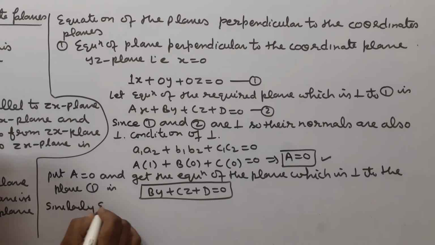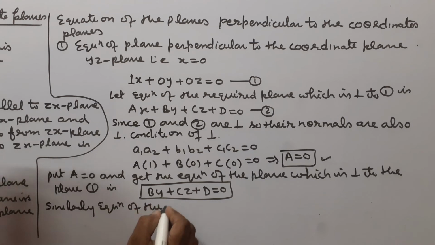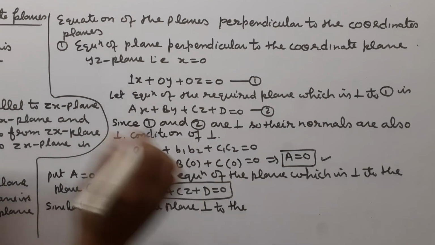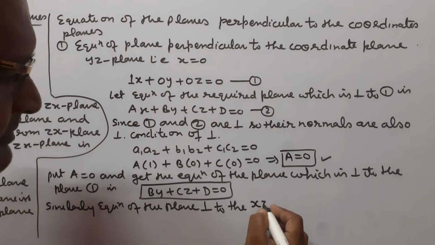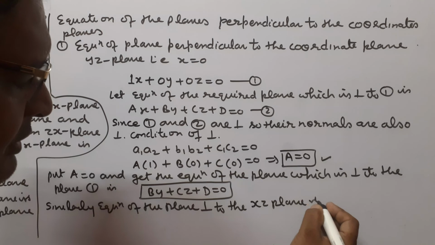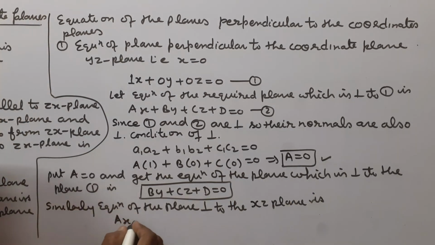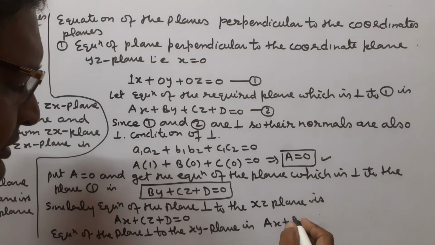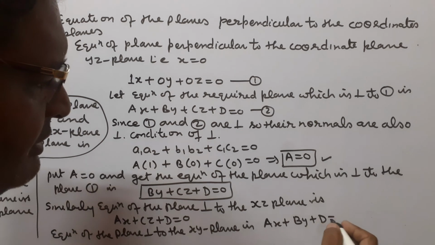Similarly, the equation of the plane perpendicular to the xz plane is ax plus cz plus d is equal to 0, and the equation of the plane perpendicular to the xy plane is ax plus by plus d is equal to 0.